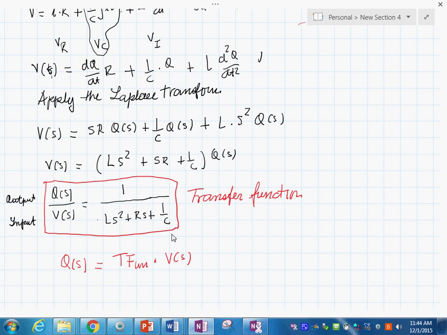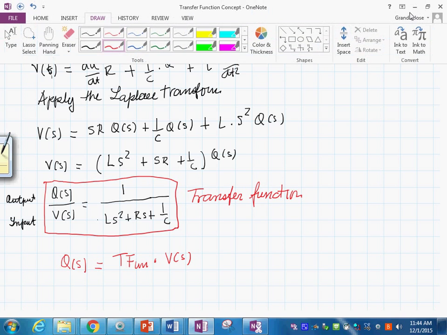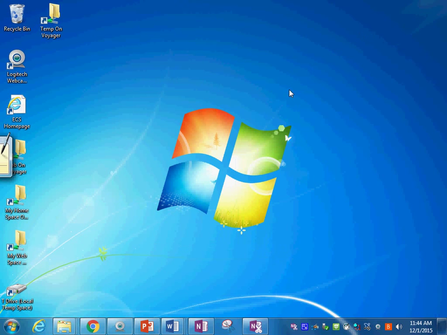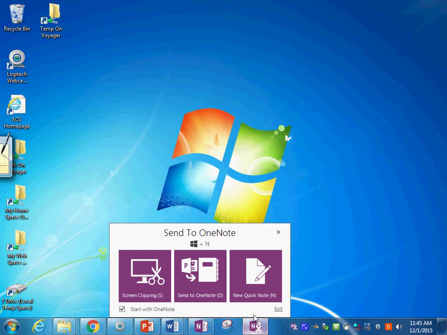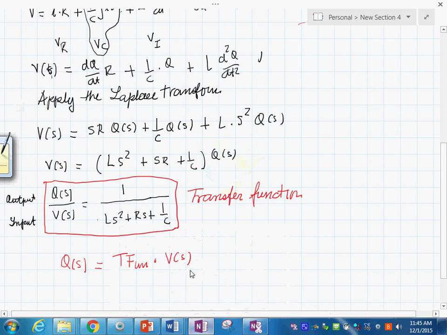So I think we could just do a very simple example using MATLAB with this transfer function, and you'll see how you can actually use this. Let's just try it here.